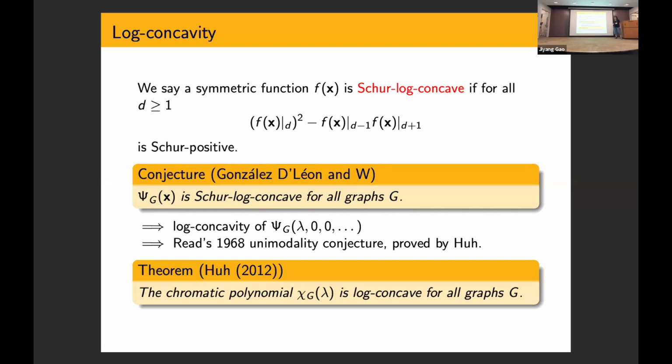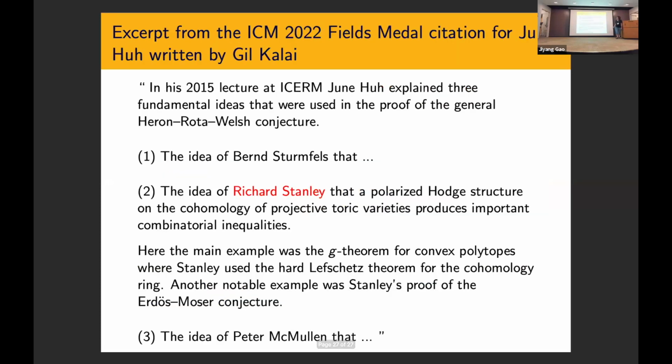Okay, and speaking of June Huh, I want to show an excerpt from his citation for the ICM, the 2022 Fields Medal, and this is what it says. We only care about item 2 right now.